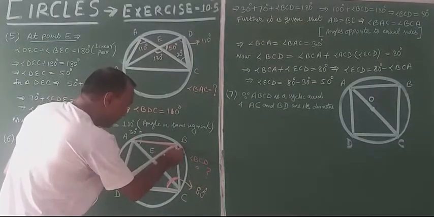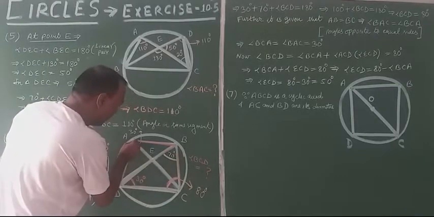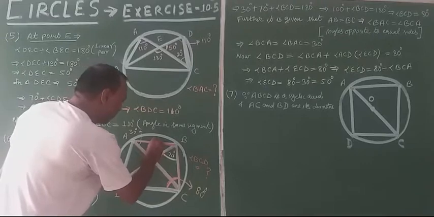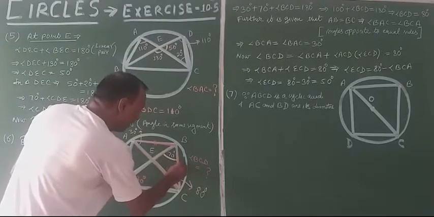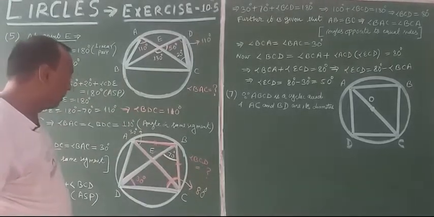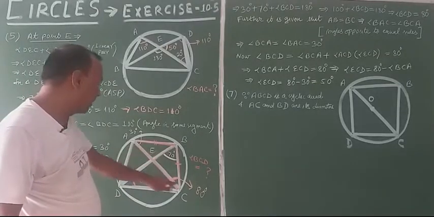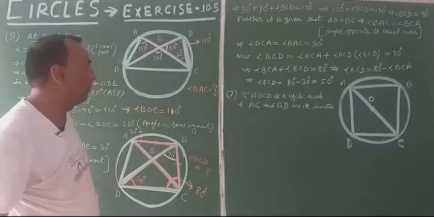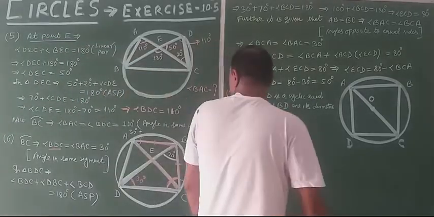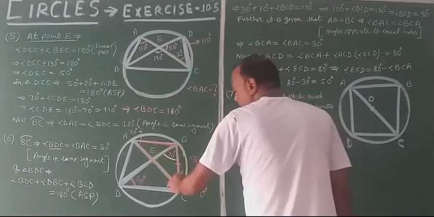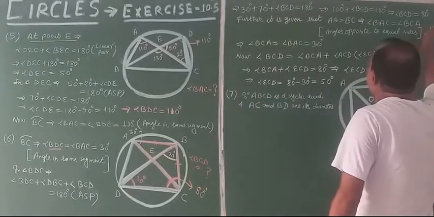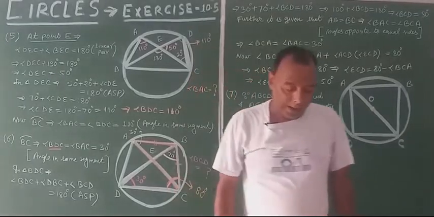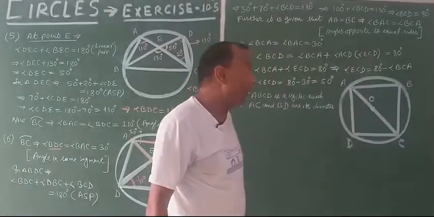A, B and C. What are you given? AB is equal to BC. Therefore, angle BAC will be equal to angle BCA, because in a triangle, angles opposite to the equal sides are equal.